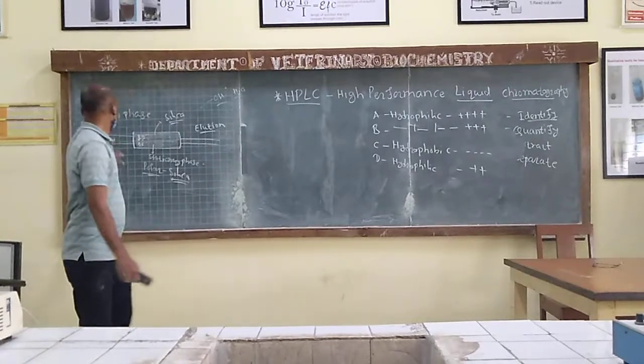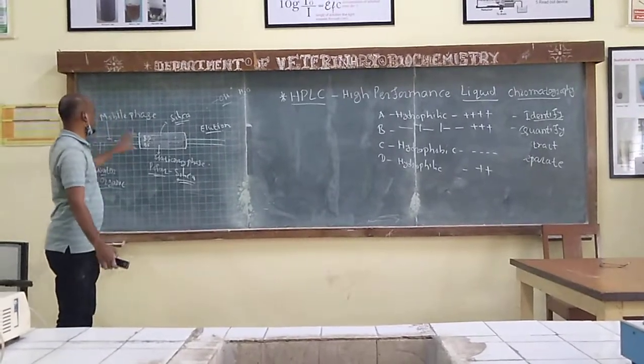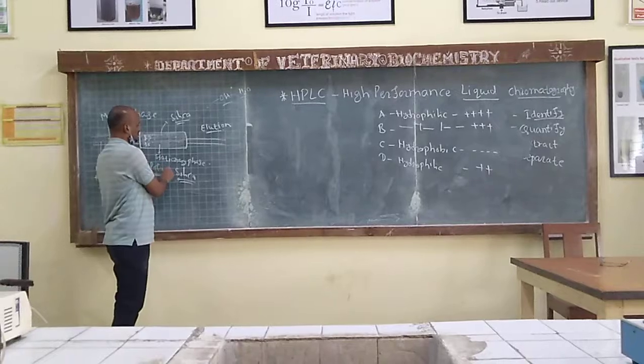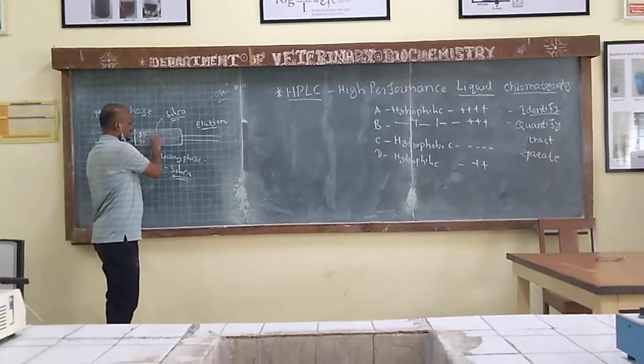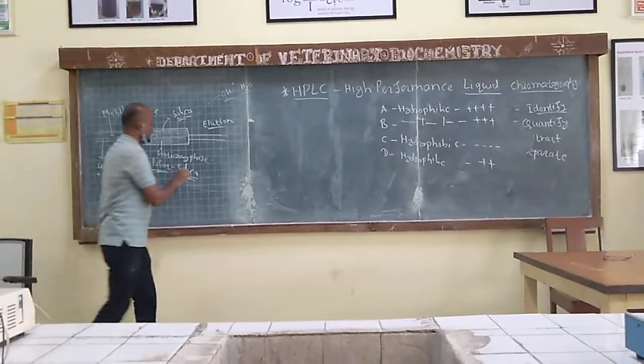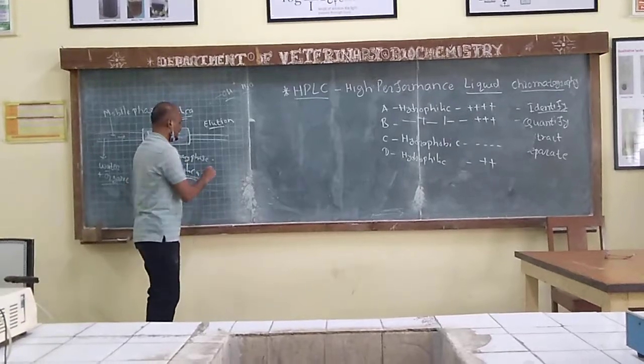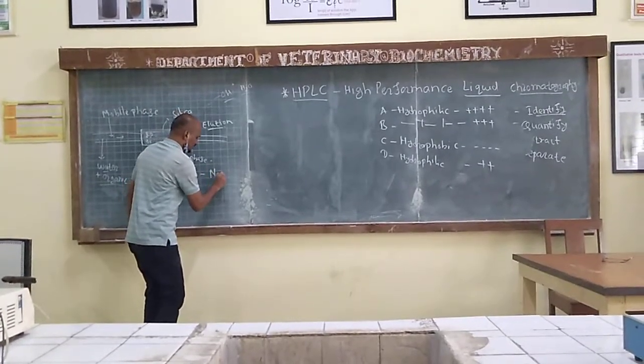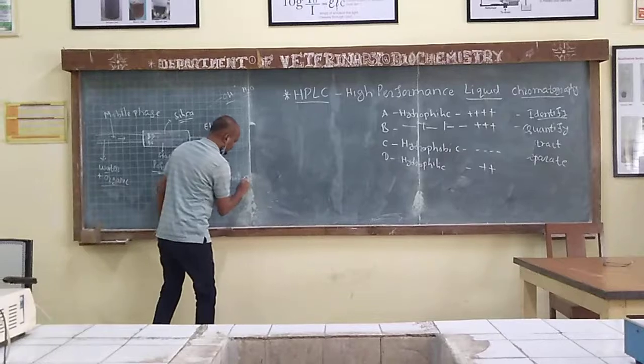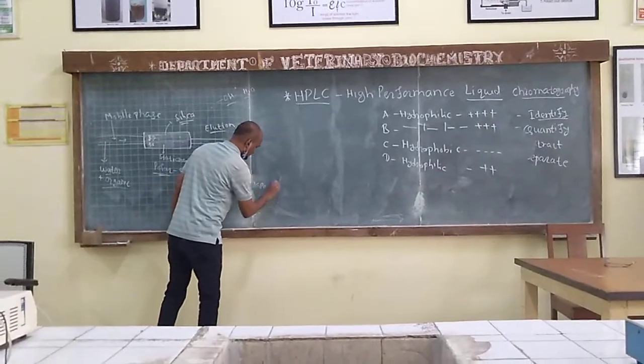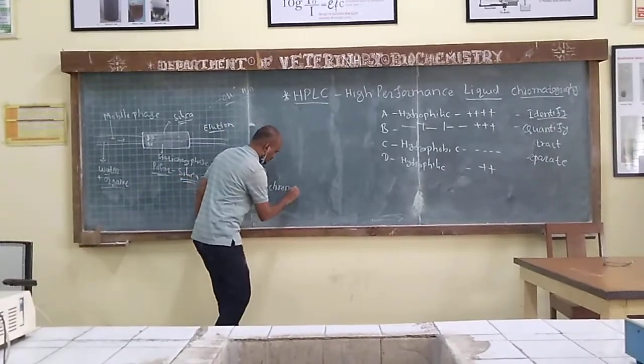C. We are passing the mobile phase. Now, whenever the stationary phase is silica, meaning it is polar, we call it normal phase chromatography.